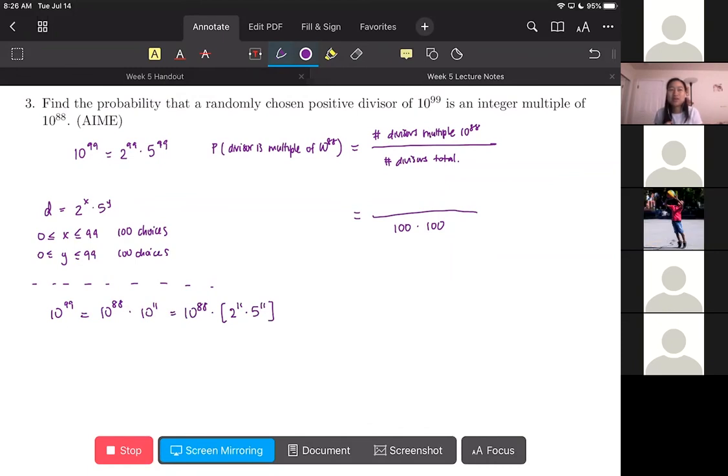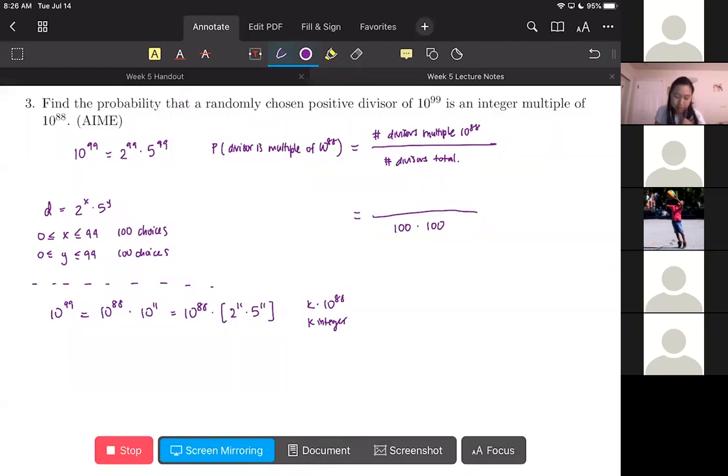Something is a multiple of 10 to the 88 if we can write it in the form k times 10 to the 88, where k is an integer. Any divisor of 10 to the 99 can be written as 2 to some number between 0 and 99 times 5 to some number between 0 and 99.